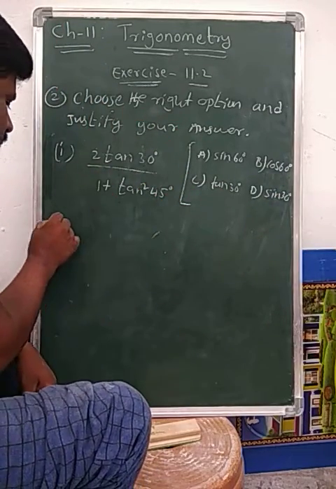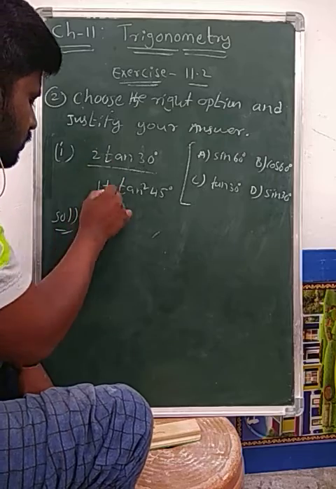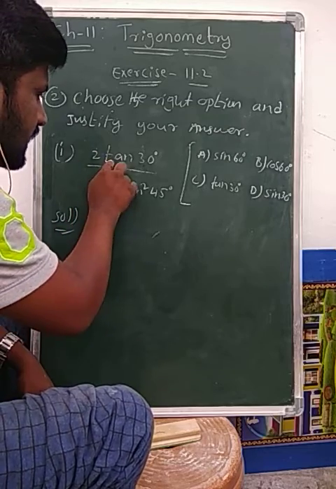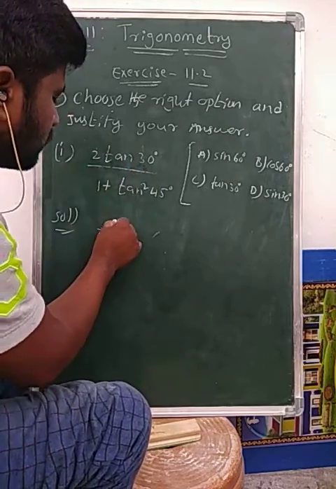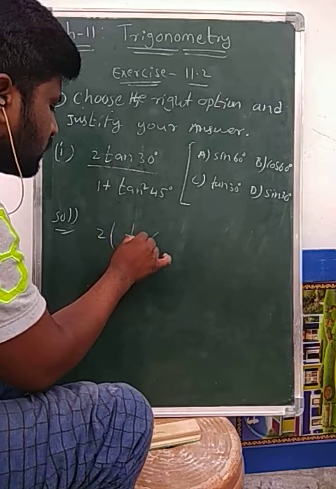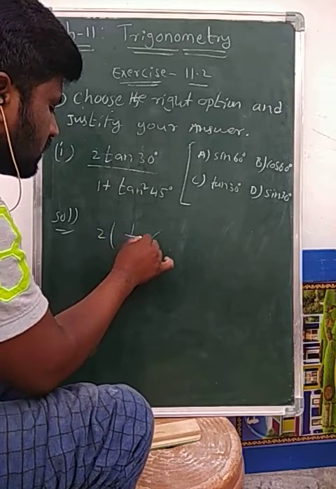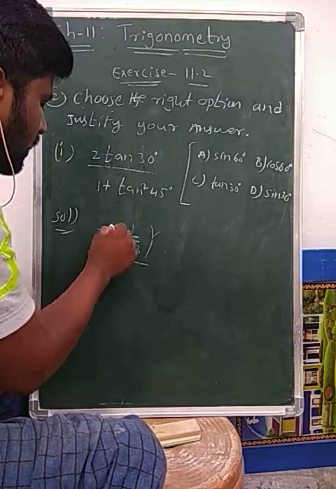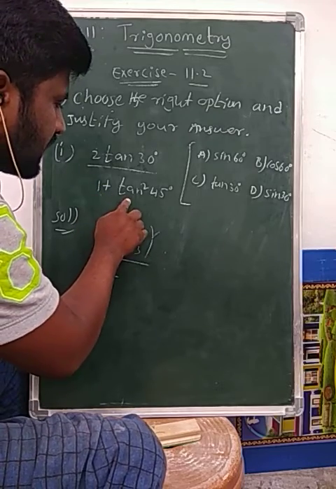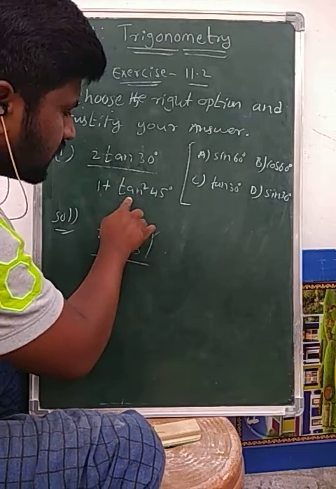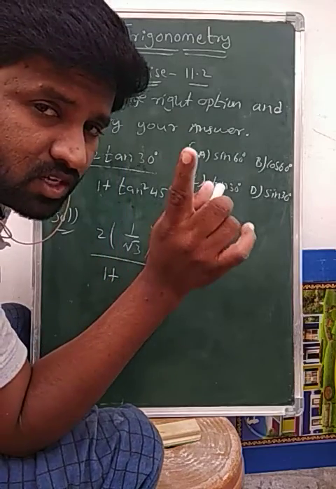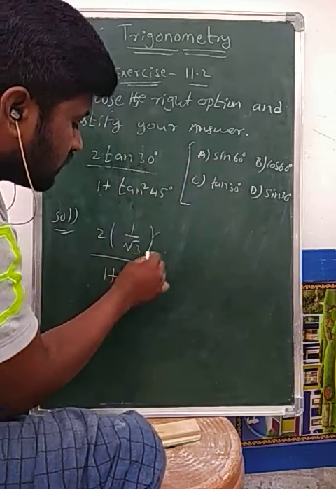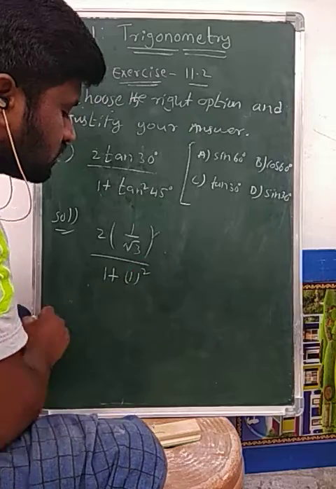So then what I am doing here, see, 2 means 2 only. The value of tan 30 is 1 by root 3, by 1 plus tan square 45. We know tan 45 degrees is 1, so tan square 45 degrees is 1 square.